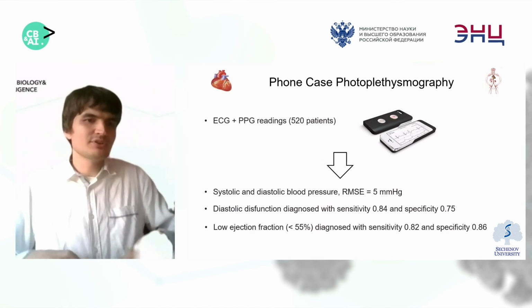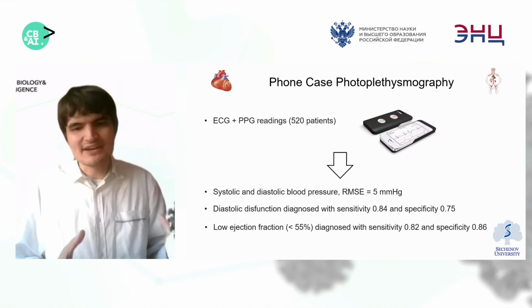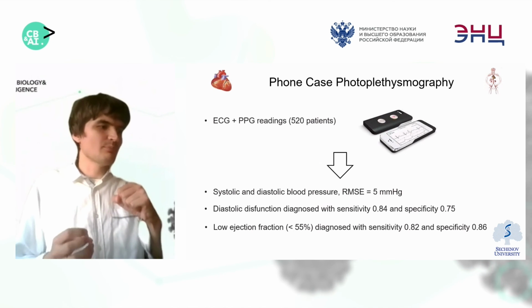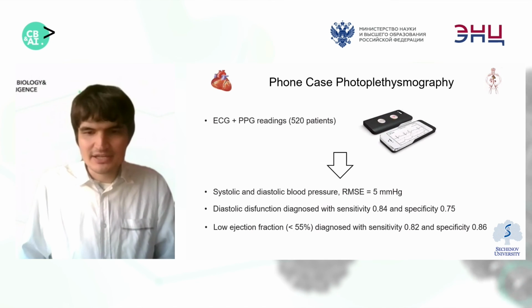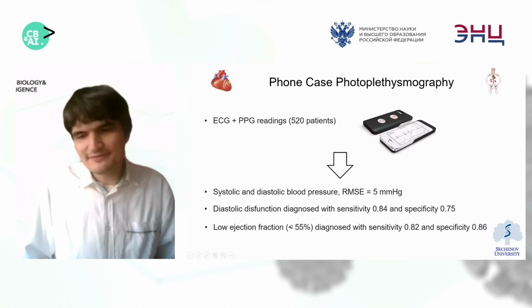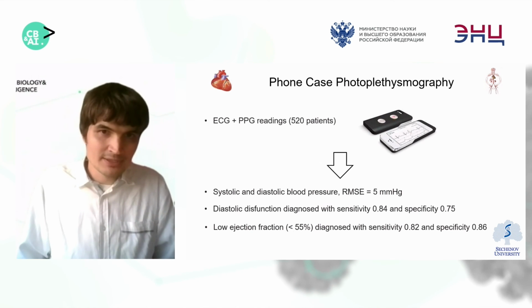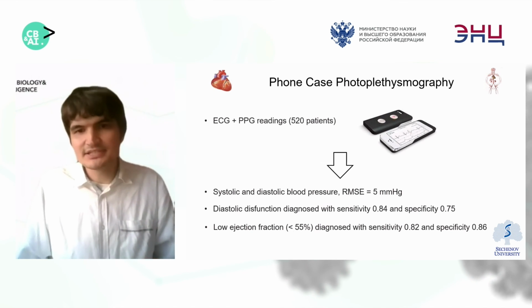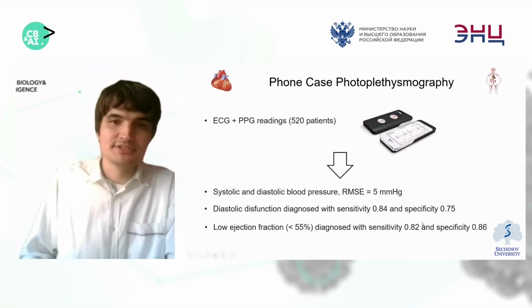If your ejection fraction is low, it means that something stops your heart from pumping blood efficiently. And if your ejection fraction is just about 55%, it's very hard to detect it yourself. But this kind of technique can detect it with rather high accuracy.